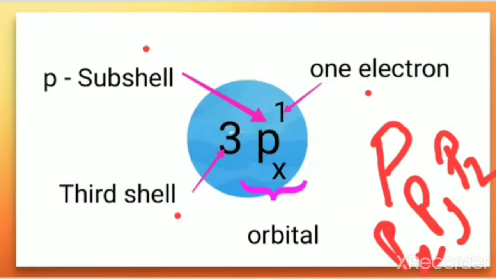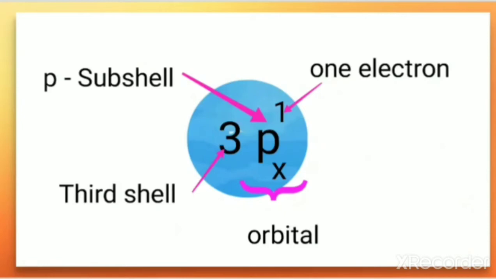So it shows that particularly in the px orbital there is one single electron. So this notation, 3px1, indicates that there is one electron in the px orbital of the third principal shell.